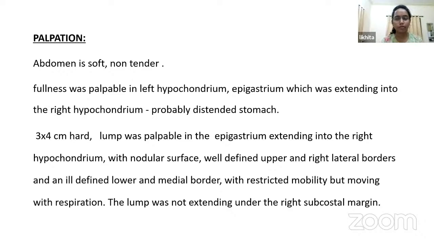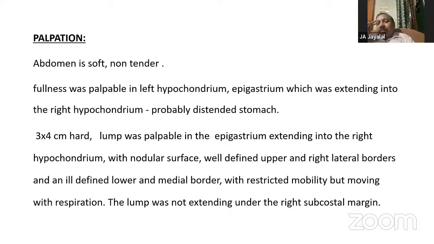Nikita, you have said there is a mass you are able to palpate in the left hypochondrium. Can you define what is the left hypochondrium? Sir, the abdomen is divided into 9 regions based on 4 planes. Tell me that.